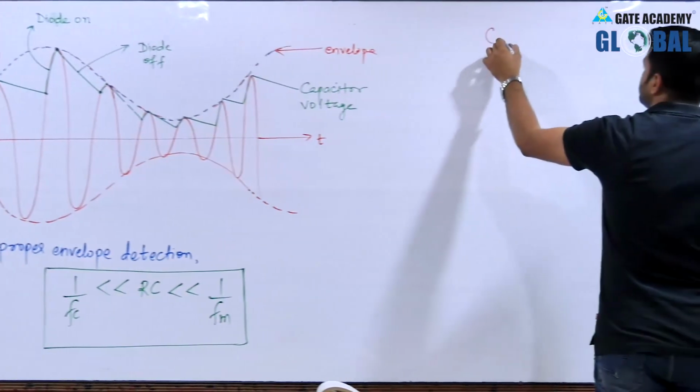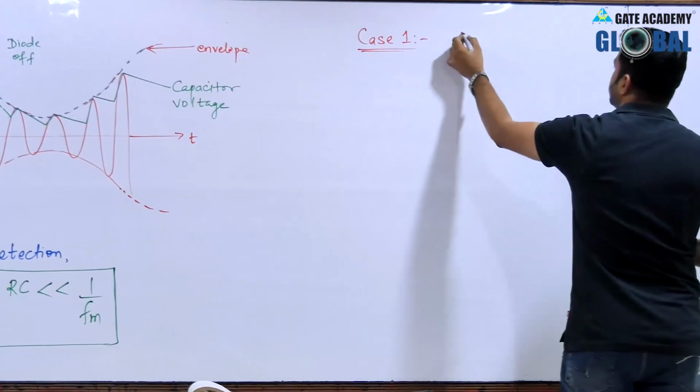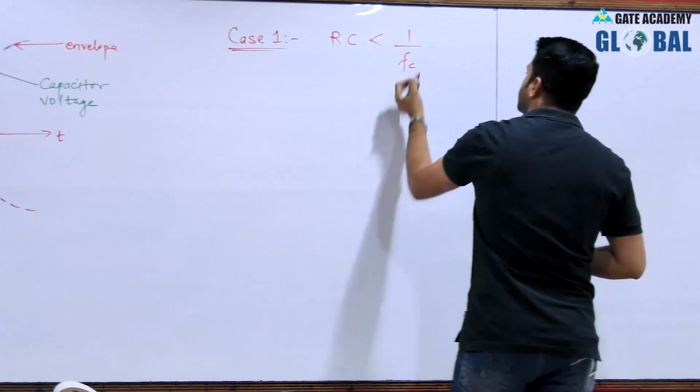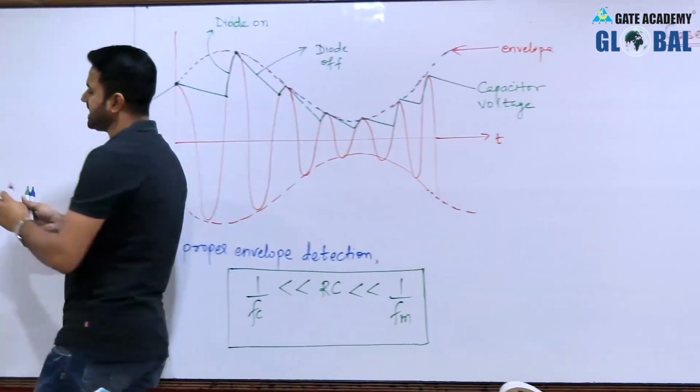Case 1: when RC is less than 1/Fc. Suppose this is the time constant RC.